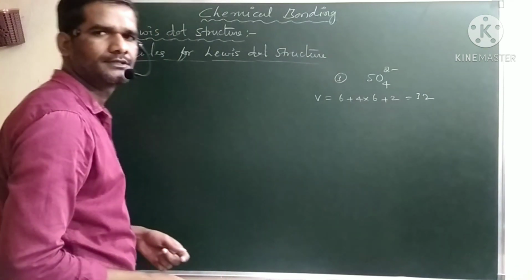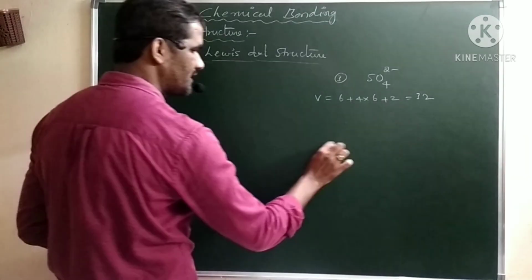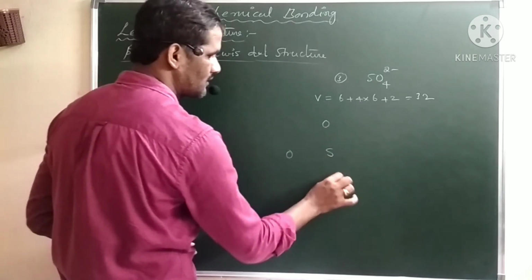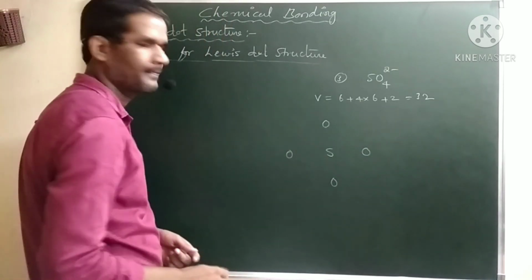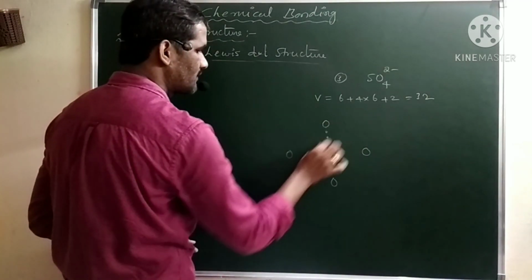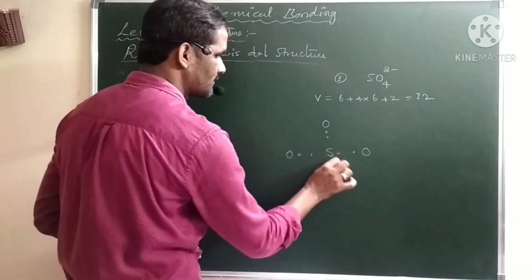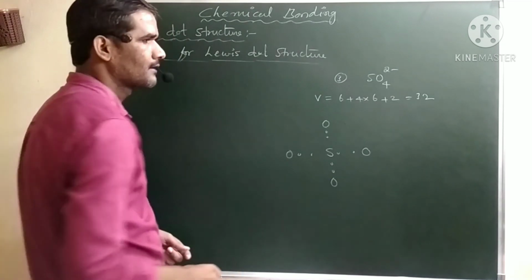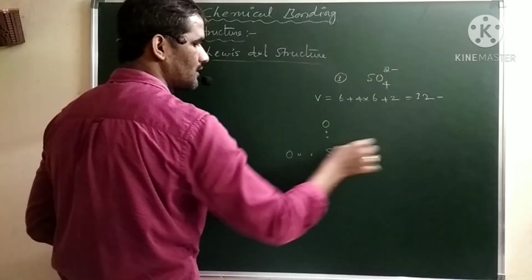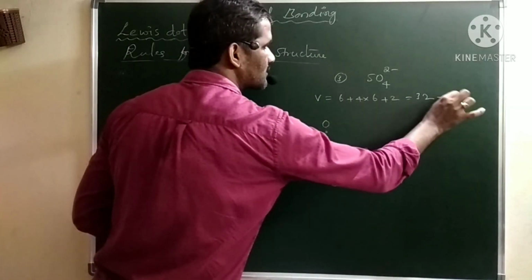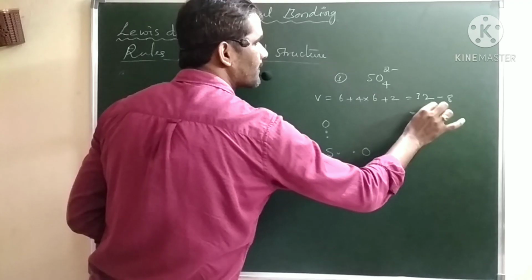Now write, out of sulfur and oxygen, sulfur is the least electronegative, and 4 oxygens we are keeping around the central atom, and again write 1 electron pair for each. So out of 32, we have taken initially 8 electrons, then 24 remain.